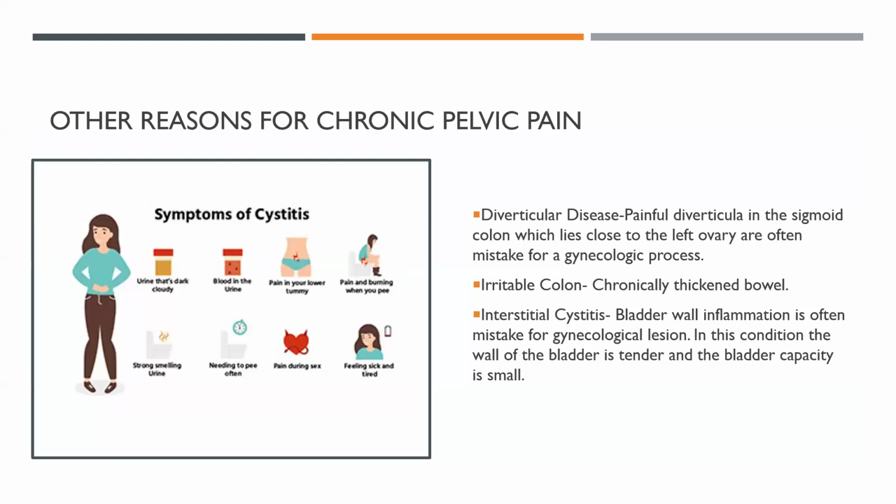There are some other reasons for chronic pelvic pain that don't include the uterus and ovaries. You can have diverticula, irritable colon, and a huge one that we see is interstitial cystitis, which is inflammation of the bladder wall. Now, if you've ever had a UTI before, you can tell that it just hurts and it's hard to distinguish the pain between, is it uterine, is it ovary, is it bladder?